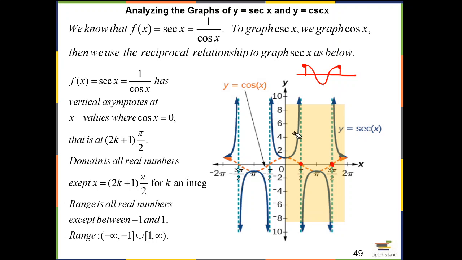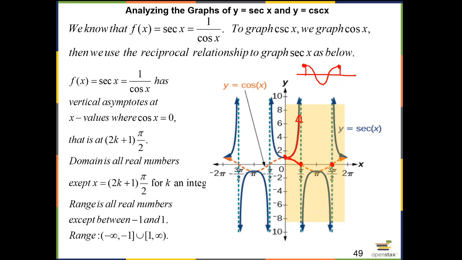Vertical asymptote. So for secant, in one period, we have 2 vertical asymptotes, right? So it stops right here. So we graph this half kind of valley for this half hill, right?